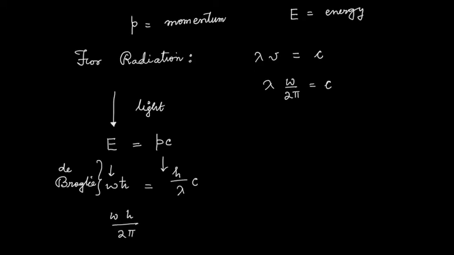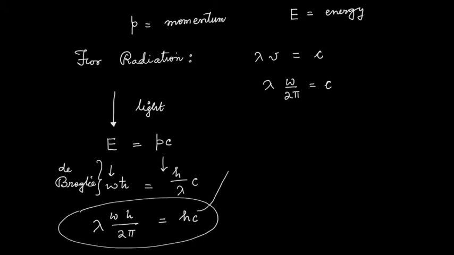So this is omega into h by 2 pi, and I can bring lambda to this side, equals hc.